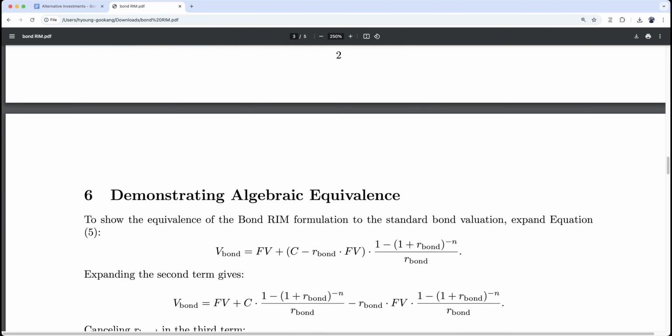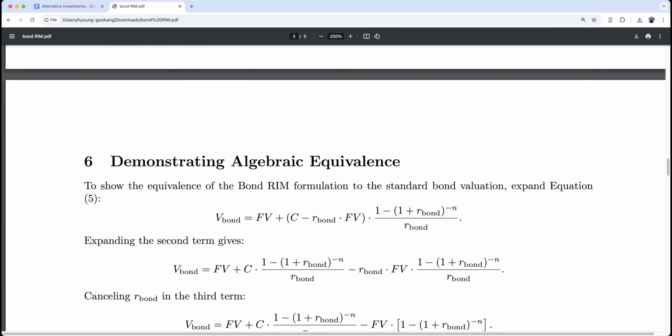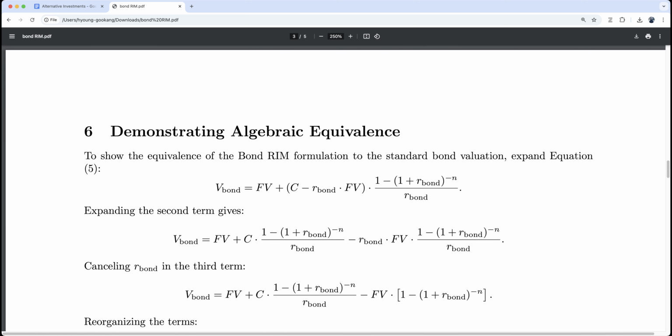Now let's demonstrate algebraic equivalence. To show the equivalence of the bond RIM formulation to the standard bond valuation, expand equation 5. Then we know this equation: V bond equals FV plus C minus R bond FV, times 1 minus R bond to the power of minus n, divided by R bond. Expanding the second term, then we have this one.